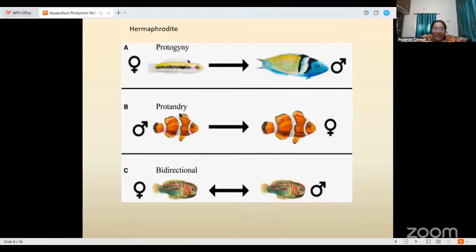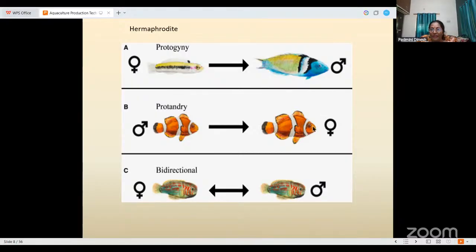Why? Because a group of fishes is called a school of fishes. In that school of fishes, you have only one leader, and that leader is a female. The largest, the biggest fish is a female, and this female has only one partner, that is a male. The rest of the fishes are all males. Because all the small ones are males, and they do not mate with this female.